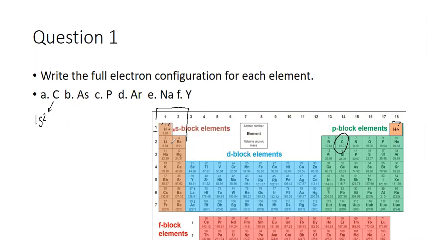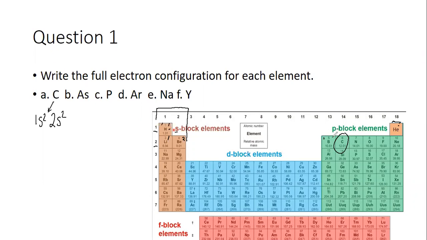Next, I move over to lithium. Lithium, second row, s block. So this is 2s, and it's the first element in the 2s block. So this is 2s1. Beryllium is 2s2. I'm not at carbon yet, and I'm going to leave the s block, so I'm going to write down where I'm at. So this is 2s2. Now move over to boron.